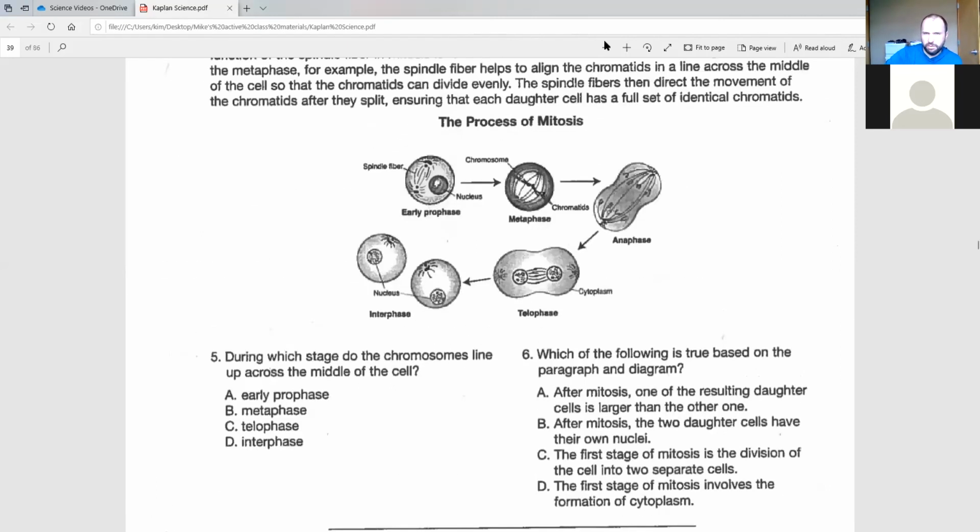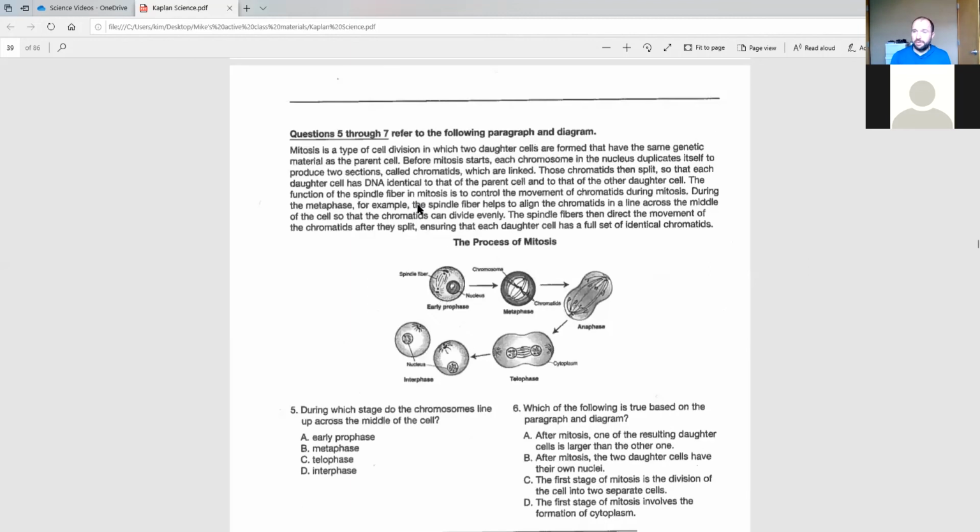So let me go over this. This is a good example of a difficult question. So I'll read through it and then we'll go through these questions. The paragraph talks about mitosis. Mitosis is a type of cell division in which 2 daughter cells are formed that have the same genetic material as the parents.